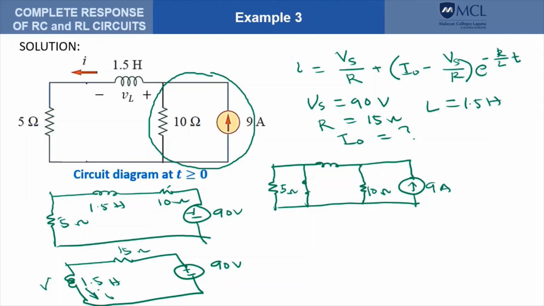Now this is at steady state, so therefore the inductor is a short circuit, and that would mean that we could ignore the 5 ohms as well as the 10 ohms. So that means the current here at steady state, which is our I now, should be equal to 9 amperes. Okay, so this thing here should be equal to 9 amperes.